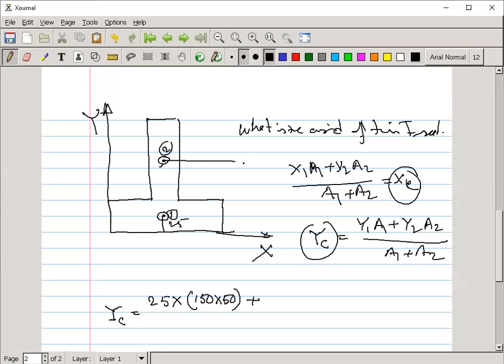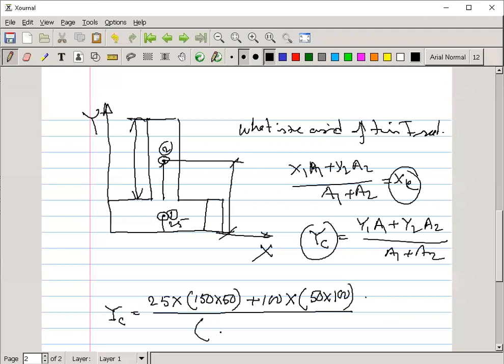The total is 100, so this is 50 and this is also 50. So that is 100 into the area, 50 into 100, clear? Divided by 150 into 50 plus 100 into 50. Is it clear? Please do this calculation and tell me the answer.